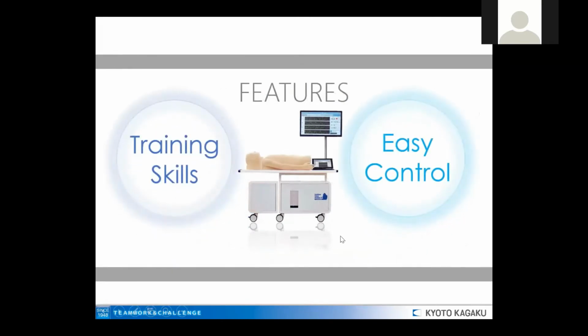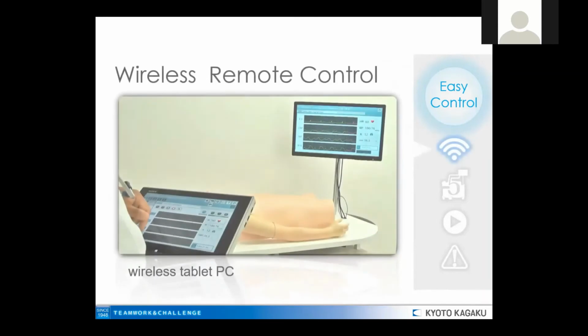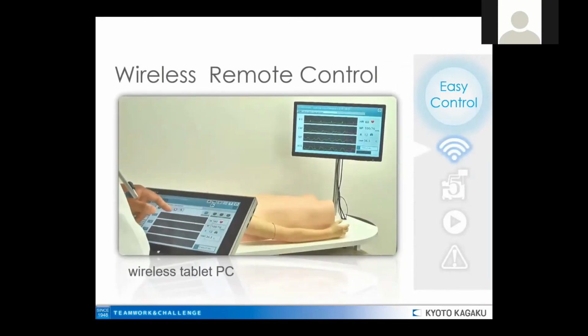So these were the training skills or the learning features. But now let's take a look at the operational features. The first one is that the model has a wireless remote control.